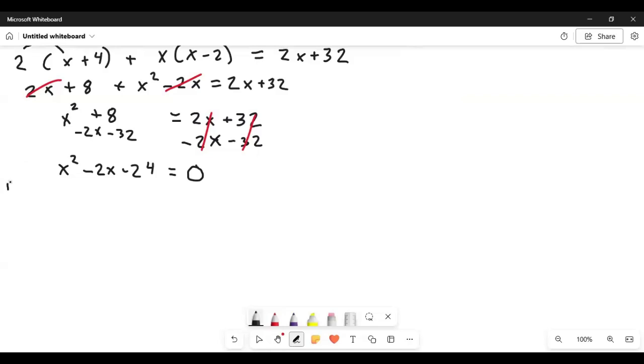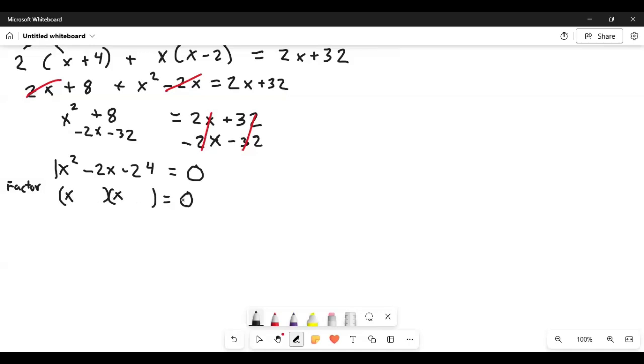Now we want to factor on the left side. Since the x squared starts with a 1, that makes it way easier. You can go straight to your binomials that are multiplied. Both parentheses are going to start with an x.